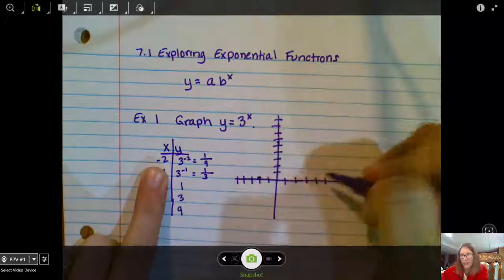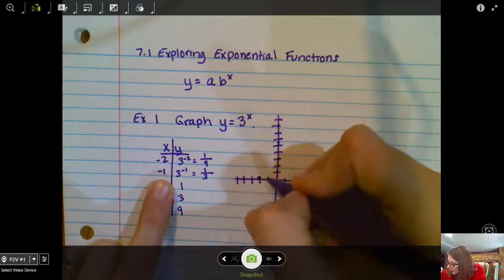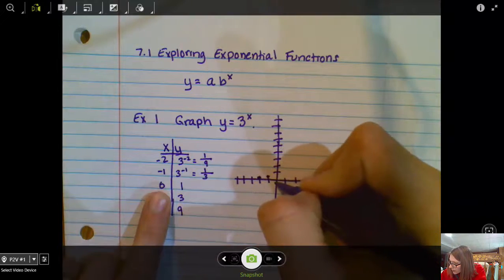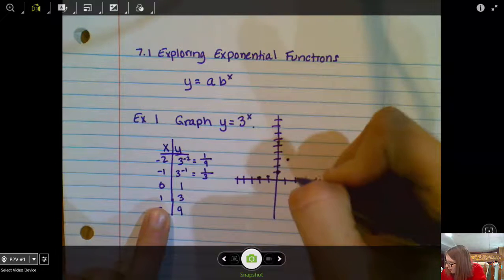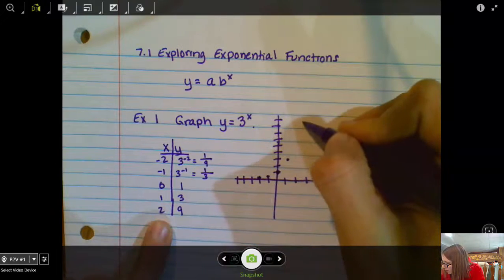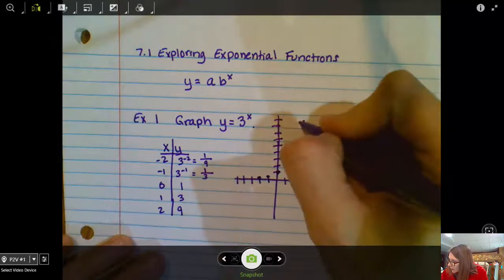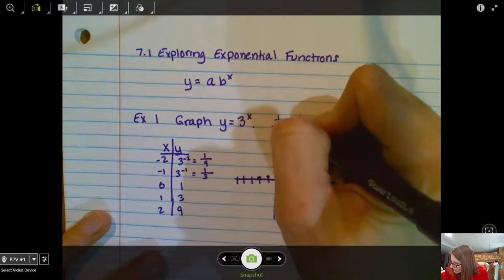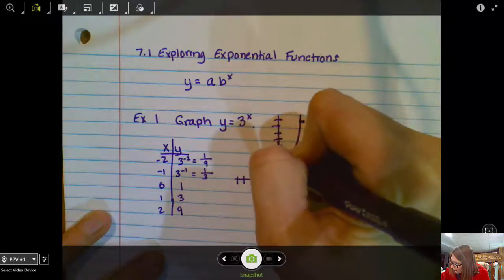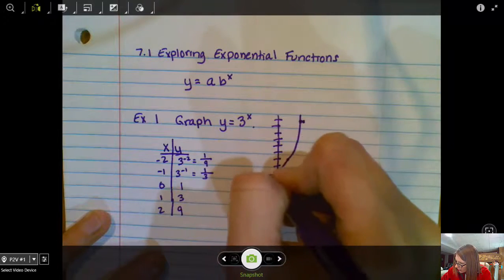Hard to figure out where 1/9 is, but maybe just a little bit above the x-axis. -1, 1/3, a little bit more. 0, 1, 1, 3, and then 2, 9. Somewhere around here. Oops, probably a little too far over. There we go. Now we connect our points, and our exponential function looks something like this.